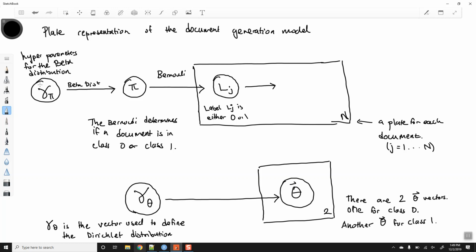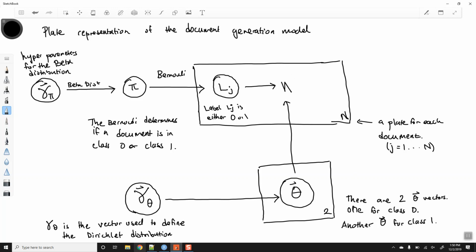I guess technically these are all vectors right here, gamma theta, gamma pi. So you've got two theta vectors, and depending on what label we have, we're going to use either the theta vector for class 0 or the theta vector for class 1.